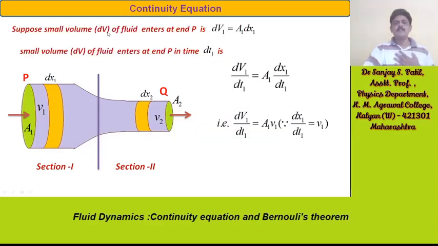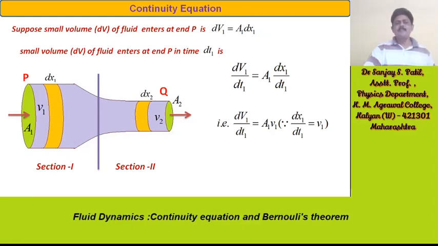Suppose small volume dV of fluid enters at end P of the pipe. Then that volume will be A1 dx1, the area of cross section times small element of the pipe.